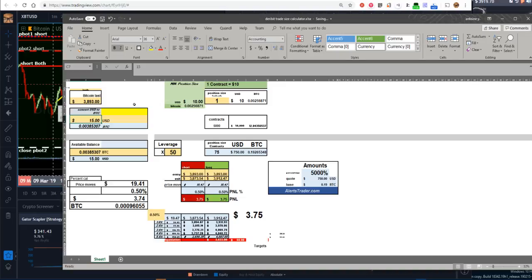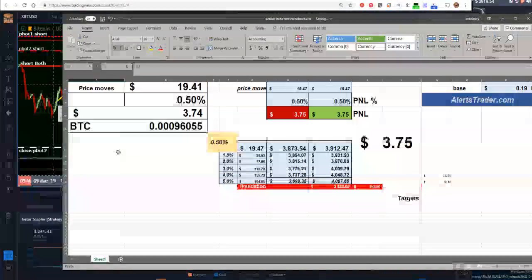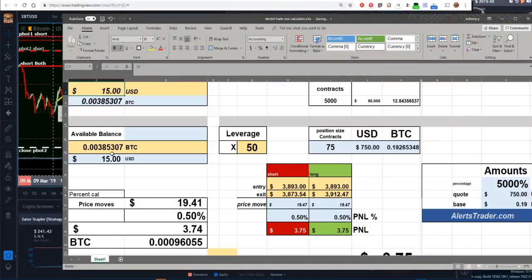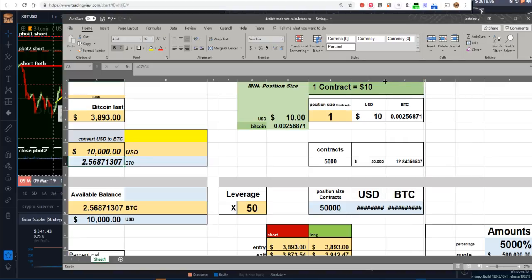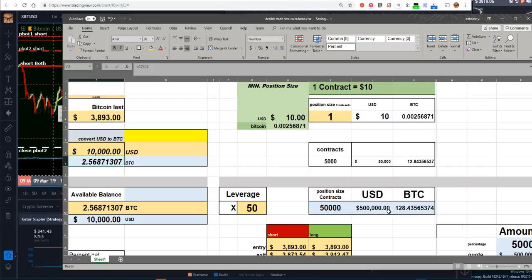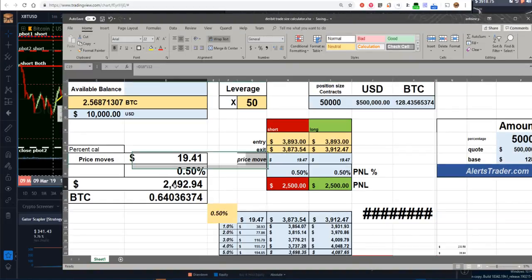All right, for instance, let's say they're trading with $10,000 USD. That's 2 Bitcoin. And at 50 times leverage, they can get a hold of 128 Bitcoins to trade with, as you can see right here. And then their percentage of half a point turns into $2,492. Okay.